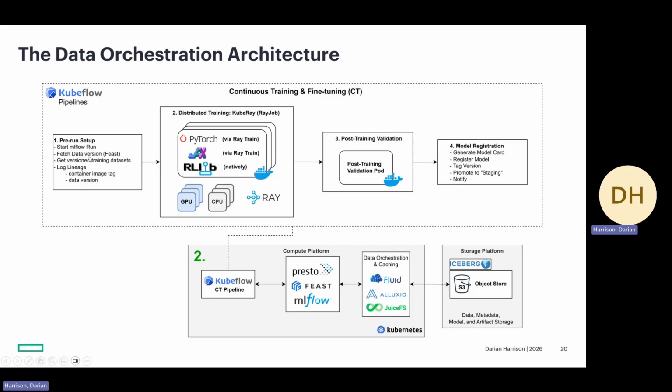It might first go and fetch what's the data version we need? What are our data sets? It's going to want to fetch that. Like, what's our delta data that we're going to train on or fine tune on, or our historical data? So it's going to get all that data from an actual storage platform. It might be in a colder tier.